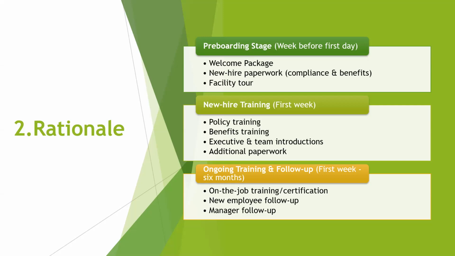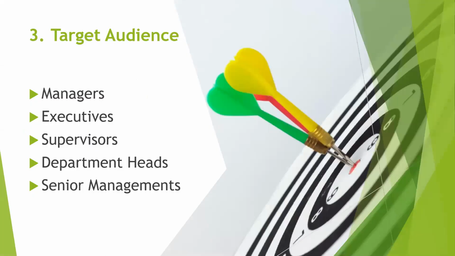It can also be used to create on-the-job training and certification, and new employee follow-up. The manager can also monitor what the employee does at every point in time, whether they completed the training, the trainings are not completed, or at what point they are. All of this can be done with Bamboo HR.